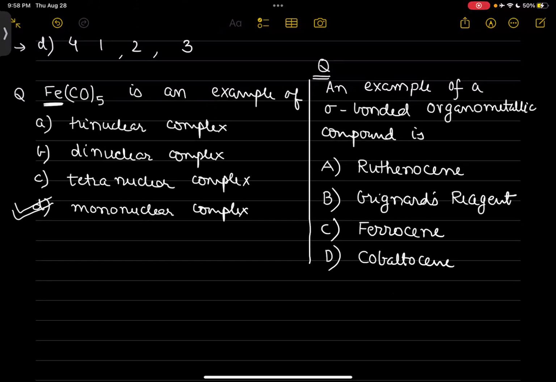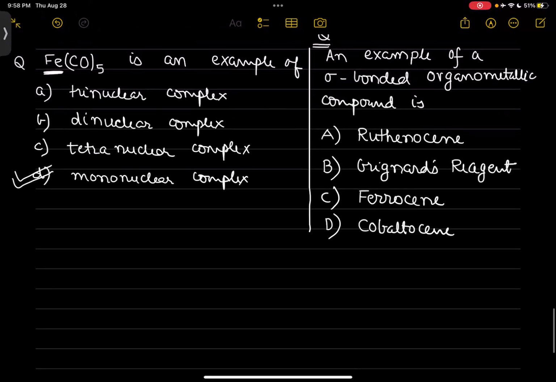Tell me. Grignard reagent. Yes, exactly. Grignard, very good. Grignard actually is CH3MgX. Got it.